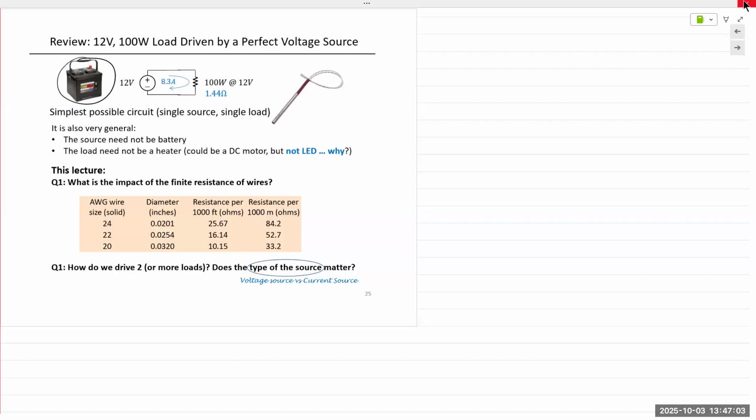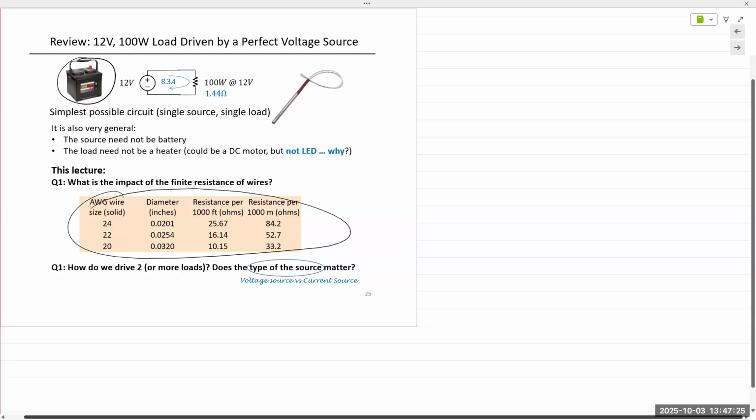If it overheats, it will melt the insulation in the cable and cause a short circuit. These are just examples of typical resistances over a kilometer of that kind of cable. So 1,000 meters, 1 kilometer, you have about 84 ohms of resistance in a standard wire.